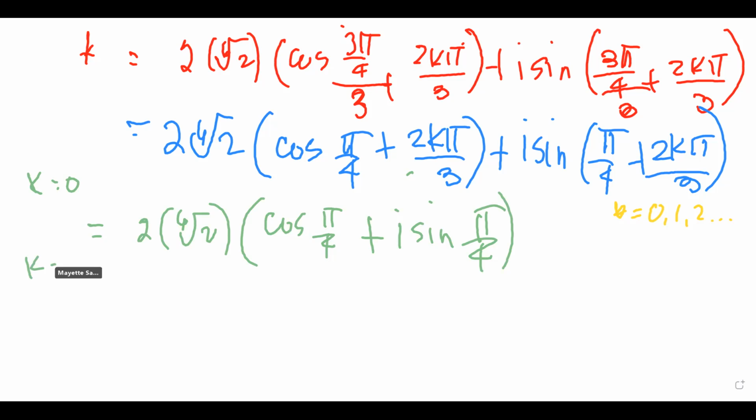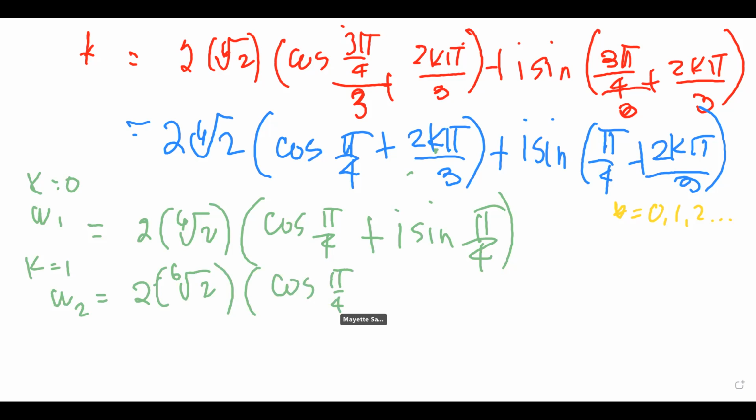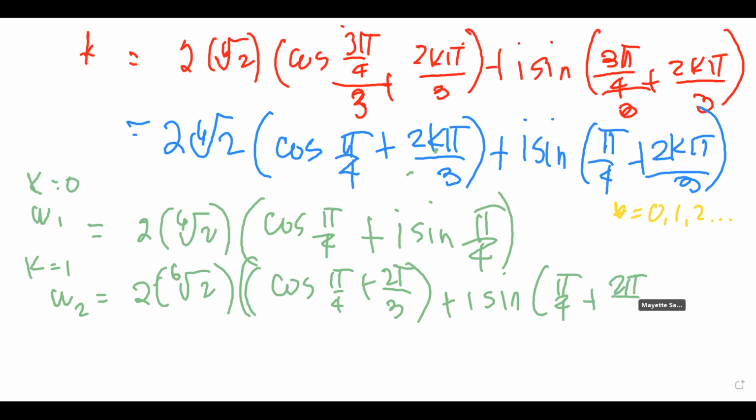When k is equal to 1, let's label this W1, the first root. W2 as our second root will be 2 sixth root of 2. So k is equal to 1, and this becomes cosine pi over 4 plus 2 pi over 3, plus i sine of pi over 4 plus 2 pi over 3.